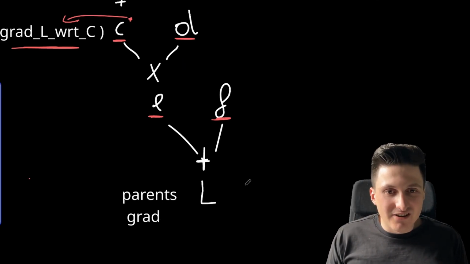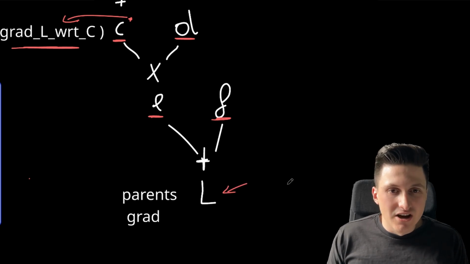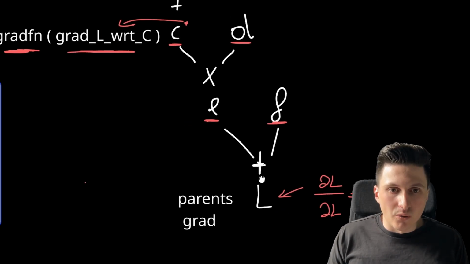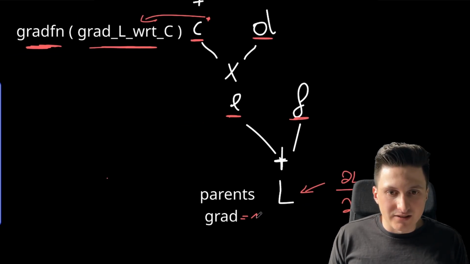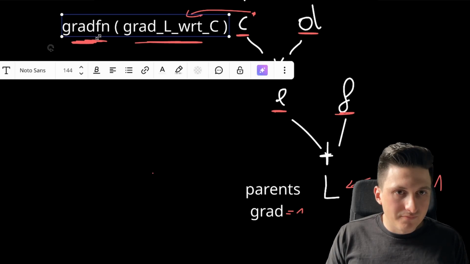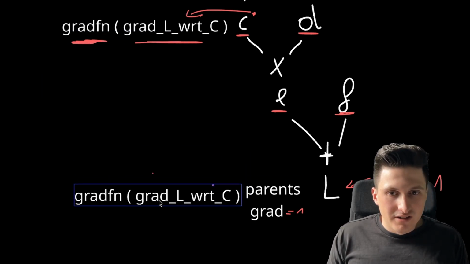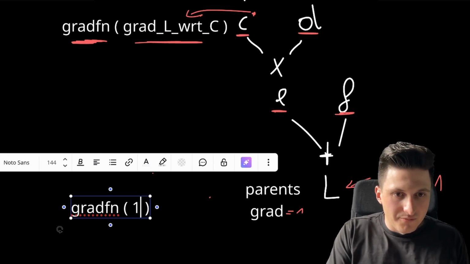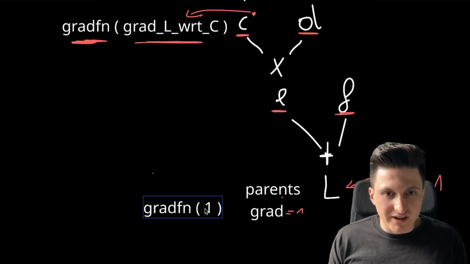We can kickstart this entire process because we know that a derivative of an output with respect to itself, in this case the loss function, will just be 1. So we know that grad is 1, and we can then call the grad fn function in the L tensor with its own grad, which in this case will be 1.